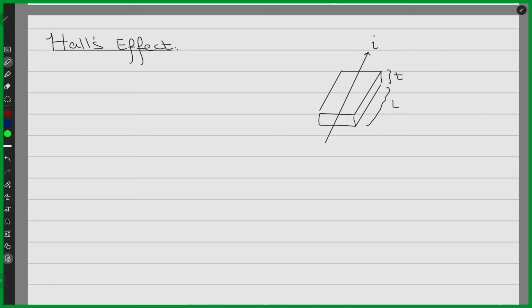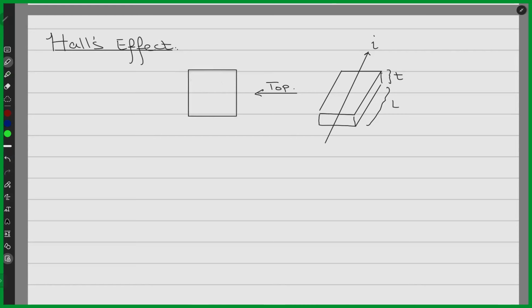Okay, so this is the picture that we have. What is happening in terms of the flow of electrons in this figure? If I look at a top view of this, then I have something like this. Let me draw it again.